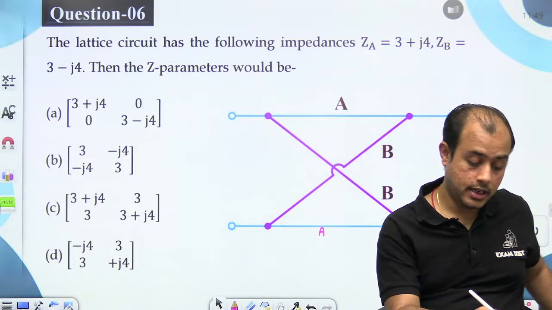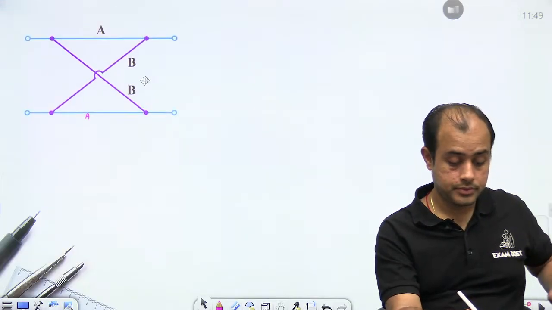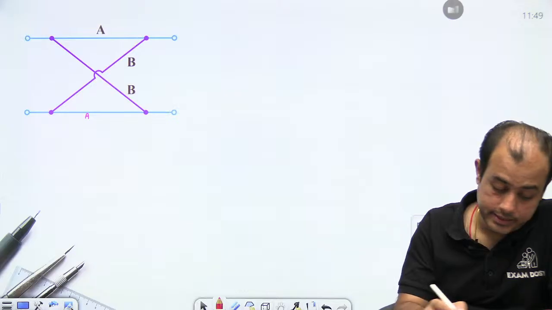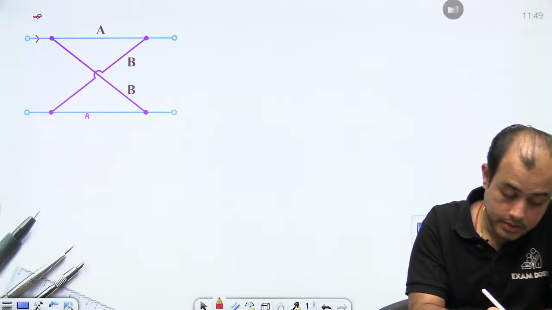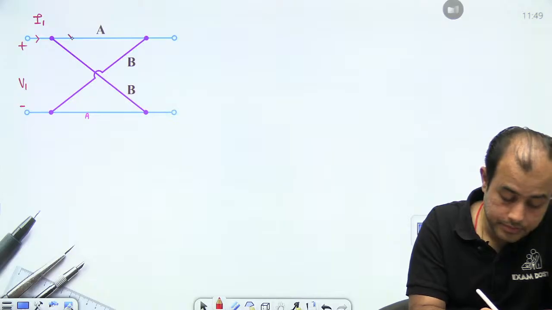Now beta, see how to solve the lattice network. Okay, now look. This is I1, V1.